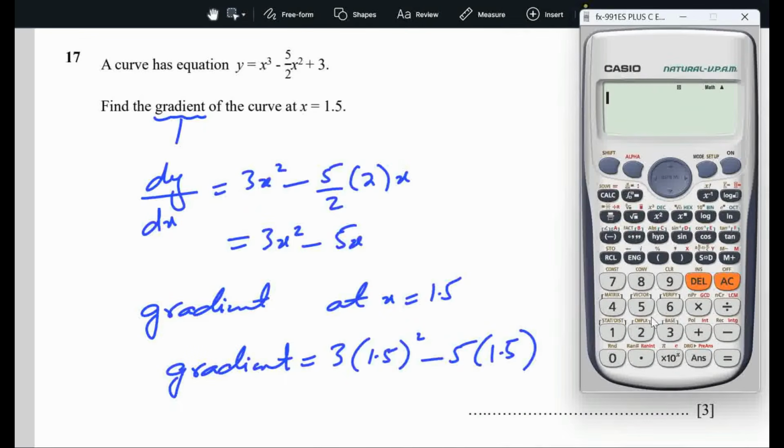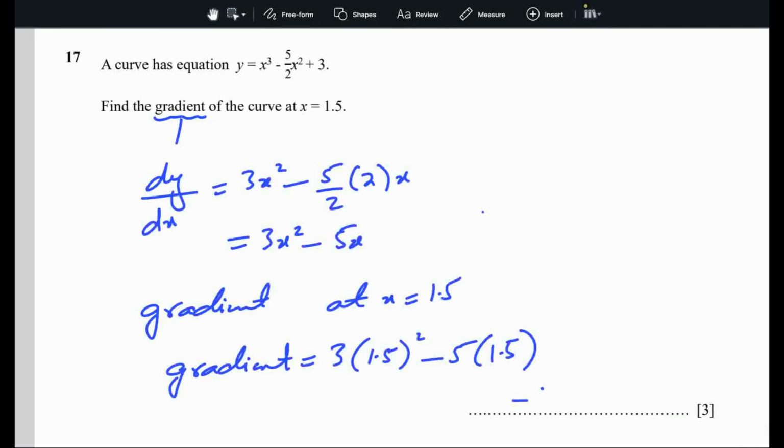So this will be 3 multiplied by bracket 1.5 square minus 5 multiplied by 1.5. So minus 3 by 4, or minus 0.75. So this will be the final answer.